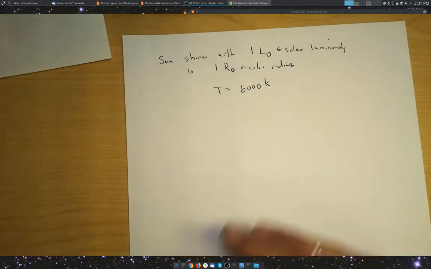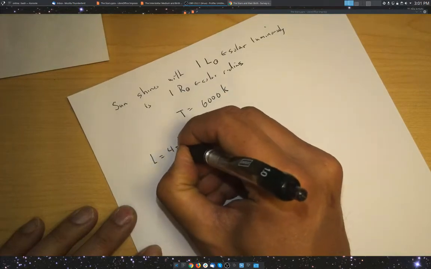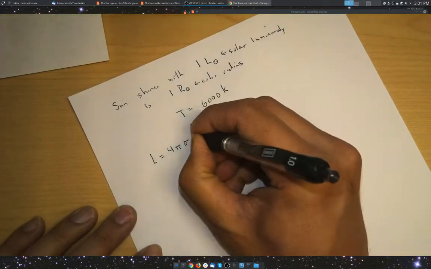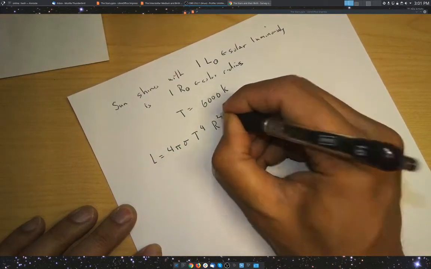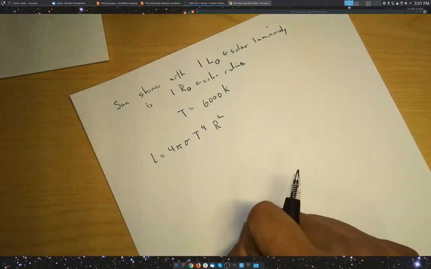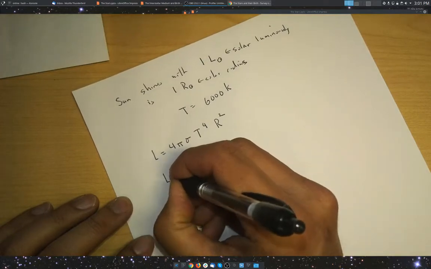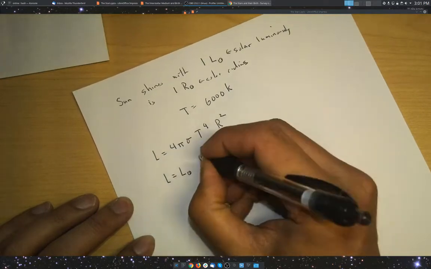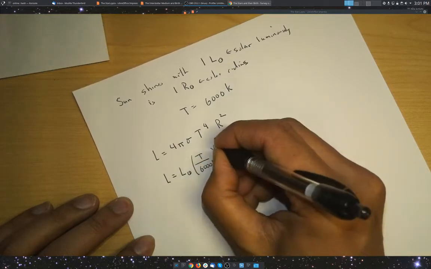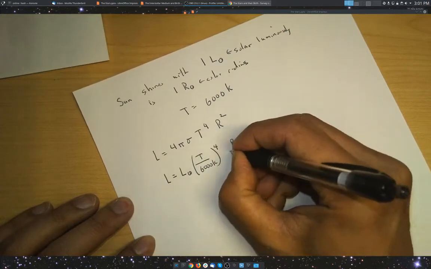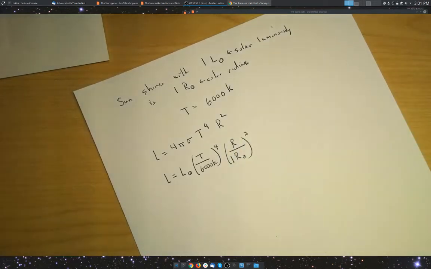So L is equal to 4 pi sigma T to the 4th R squared. We want to do this for the Sun, so L is equal to 1 solar luminosity when the temperature is 6,000 degrees Kelvin to the 4th power and the radius is 1 solar radius squared.